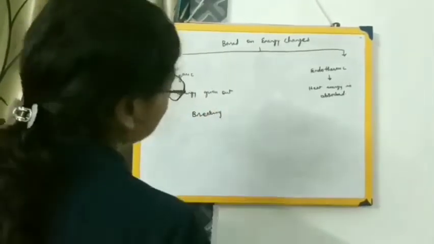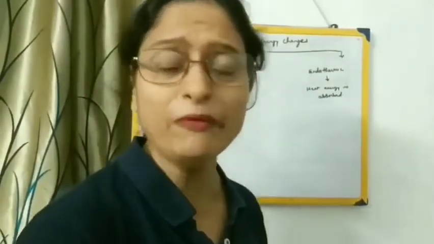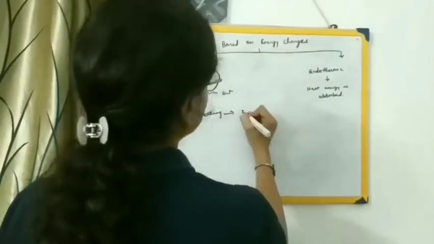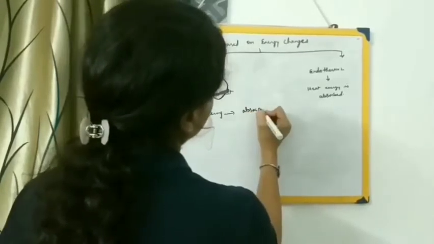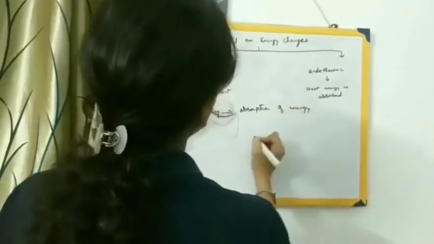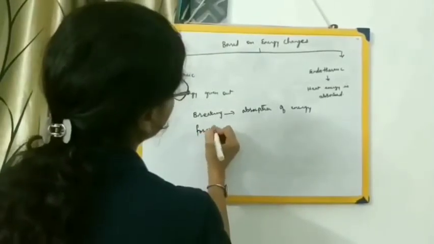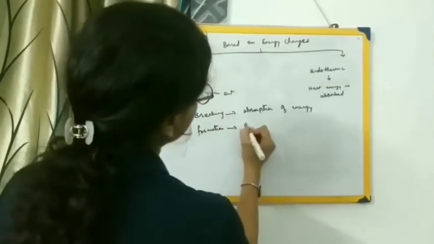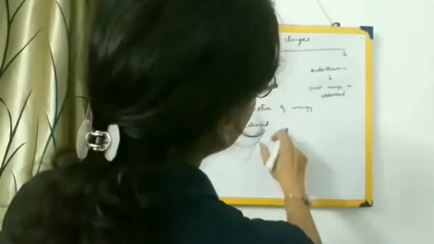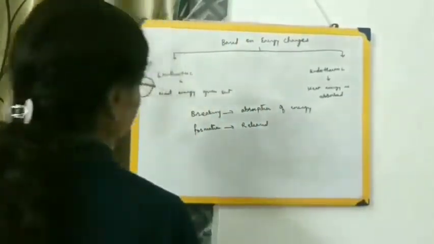As I told you, when a chemical reaction takes place, the old bonds are broken and new bonds are formed. In breaking the old bonds, energy is required, so energy is absorbed. And when the new bonds are formed, energy is released. So this is what happens with the energy changes.